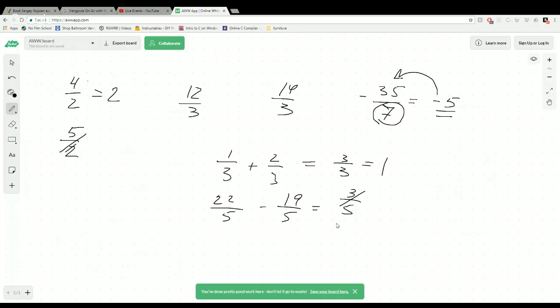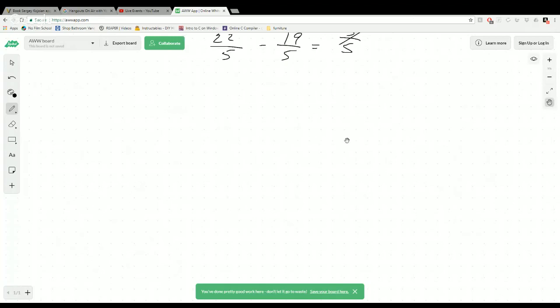Now let's formalize what we just did, because it seems like I'm just doing arithmetic, but there is formalization to this. We say that an integer m is divisible by an integer n when this quotient is an integer.